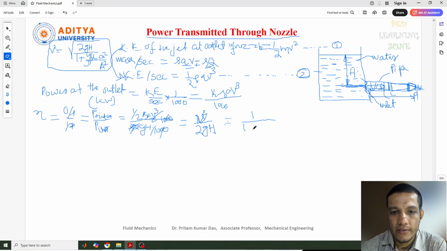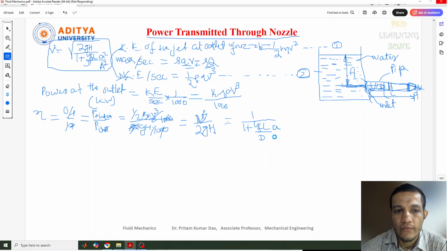So this is the equation we got for the efficiency.